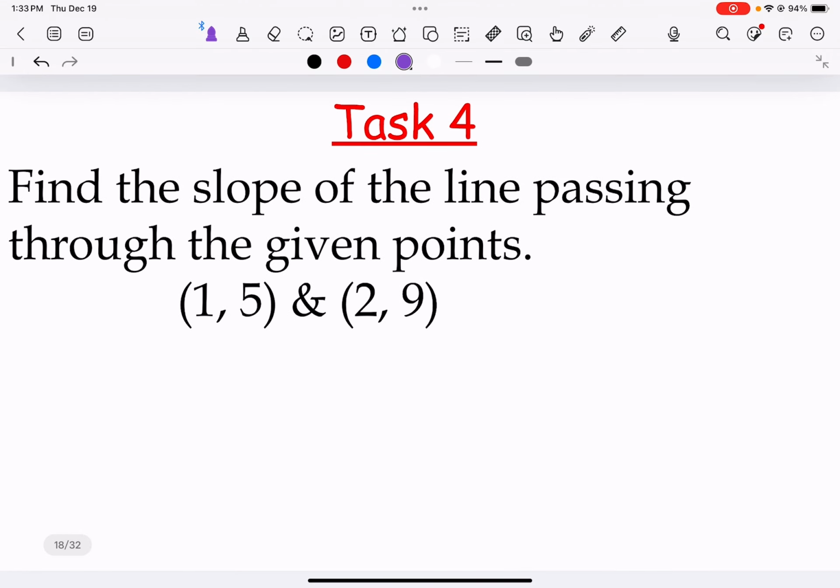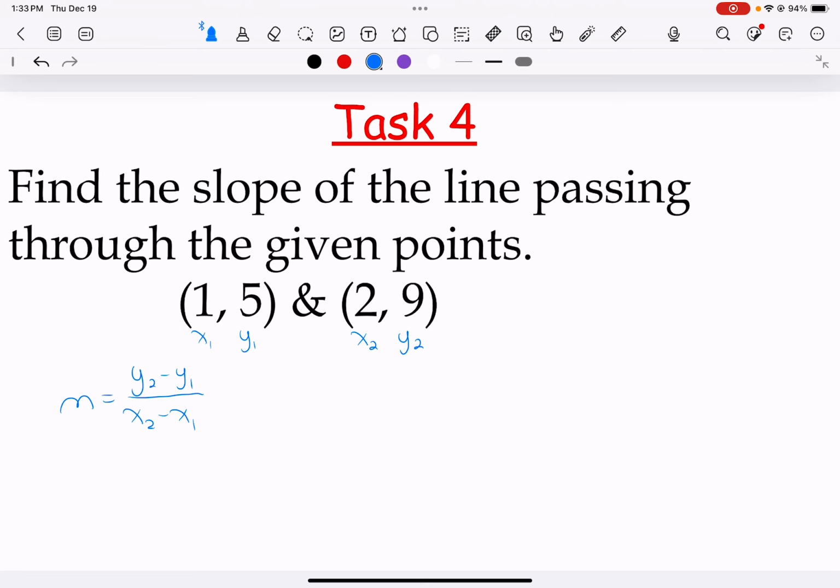Find the slope of the line passing through these points. Since I'm given the points and not a graph, I'm going to use my formula. M equals y2 minus y1 over x2 minus x1. I'm going to label my points. I'm just going to label the first ones x1 and y1, and then the second points x2 and y2.